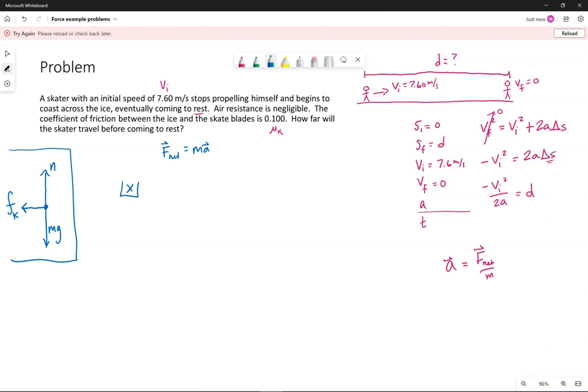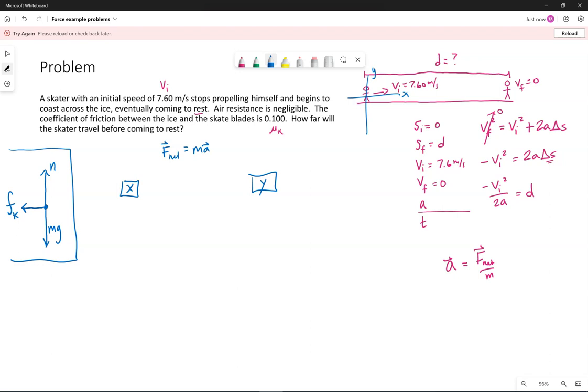We want to write out net force equals ma for both the x and the y directions. All right, so I'm using a typical Cartesian coordinate system, x direction to the right, y direction up and down. We know there is an acceleration in the x direction. In fact, according to my picture, we should be able to recognize that the acceleration points to the left.